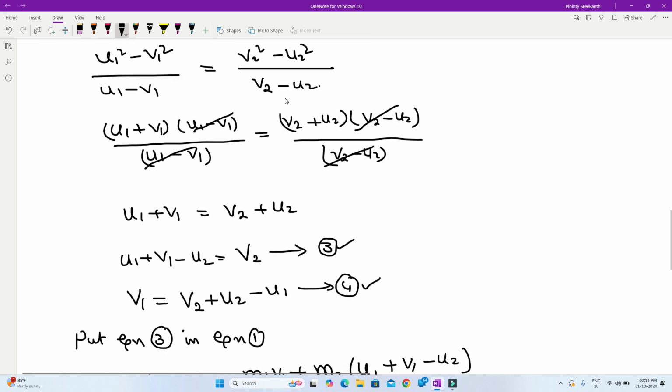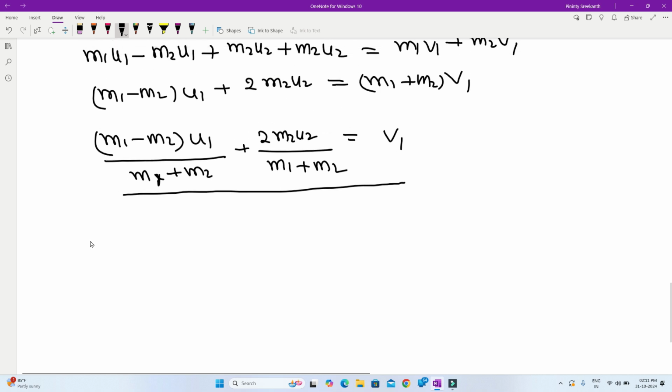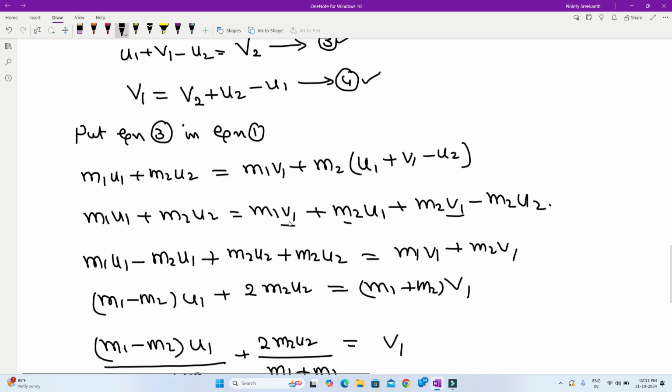So that is m1 u1 + m2 u2 is equal to m1. Now write v1.